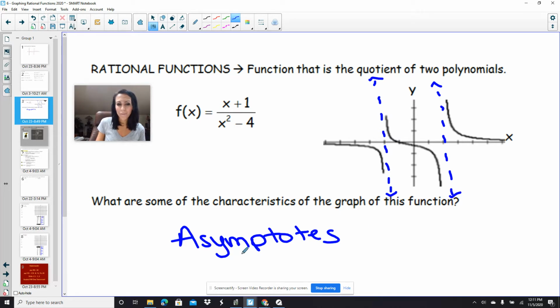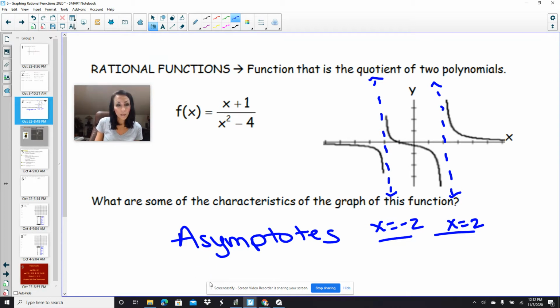So we have some vertical asymptotes here. It looks like at x equals 2 and x equals -2. Now, asymptotes are lines, so you have to write them as an equation of a line. And we have vertical asymptotes and something you might not be as familiar with, horizontal asymptotes. We also have oblique asymptotes. We're not even going to go near that.